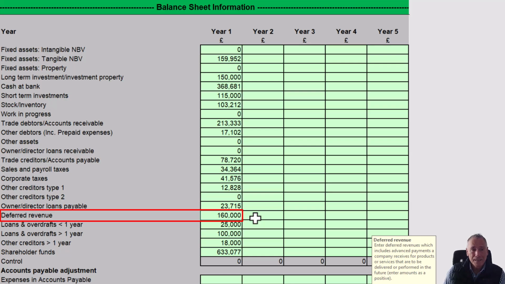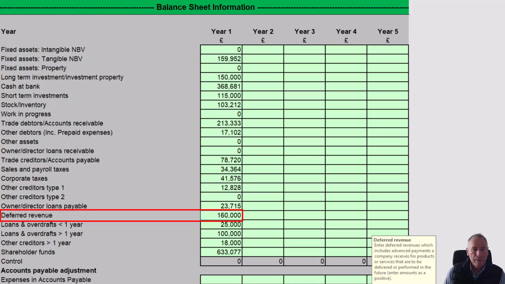What that means is that they will be saying, well, yes, customers have paid some of that money to us, but it won't cost you or the business that amount of money to deliver those services. Whereas your stance is that if all of those customers wanted their money back, you would have to pay it all back. So you would start off by saying, no, I would like to keep all of that £160,000.